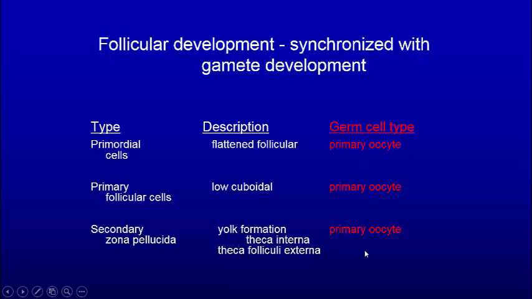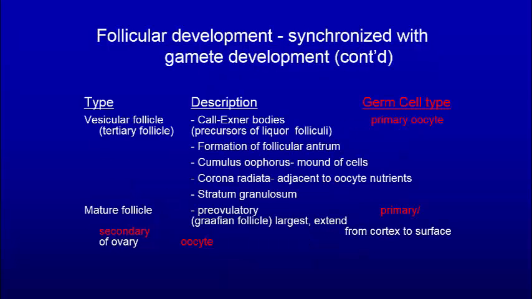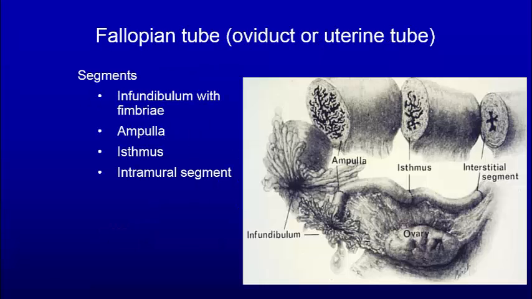So you haven't started the meiotic division until the end, just before ovulation occurs. Right before ovulation, depending upon the species, what is actually ovulated can be primary or secondary.